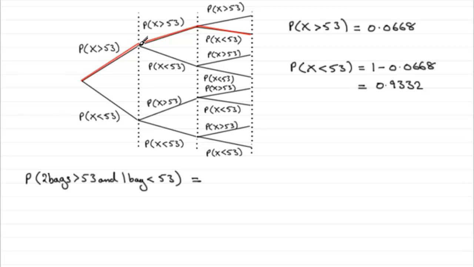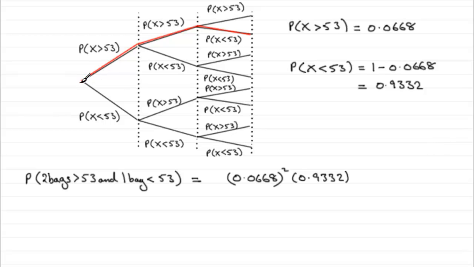In other words, 0.0668 times 0.0668 times 0.9332. So if we just pop that in there, we've got 0.0668 squared, okay, because we repeat the multiplication across here, multiplied by 0.9332.